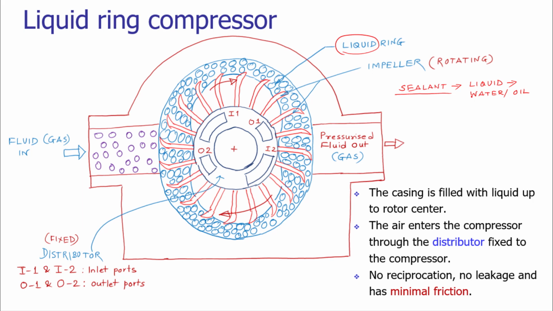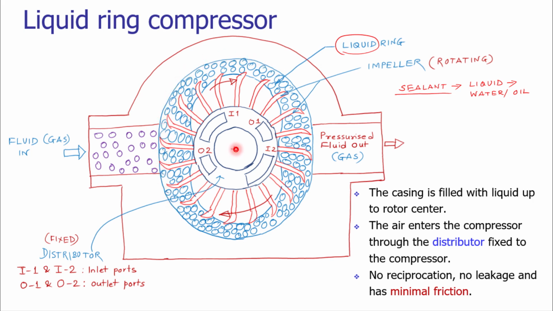The construction of the liquid ring compressor can be seen on your screen. It has the casing or the chamber. This is the casing of the liquid ring compressor. Inside the casing, there is an oblong kind of cavity or space.